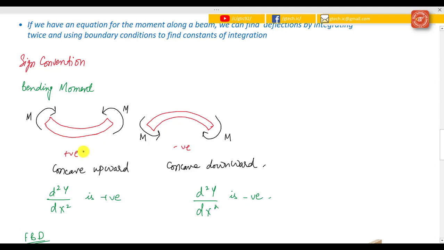And if the deflection of the beam is concave downward, or you can say unhappy mode, then we take our sign convention as negative. Meaning d square y over dx square is positive when concave upward, and d square y over dx square is taken as negative when concave downward.